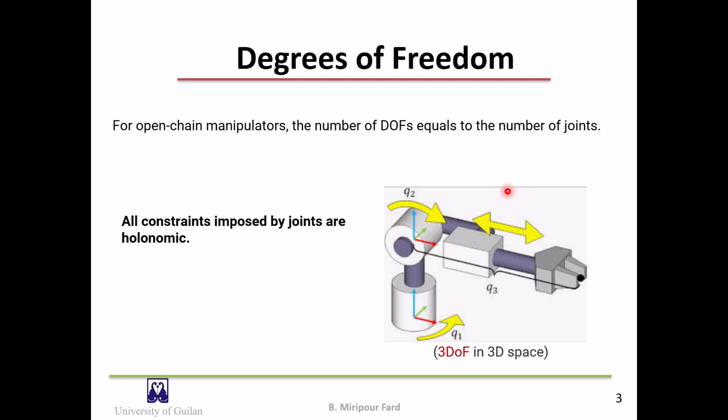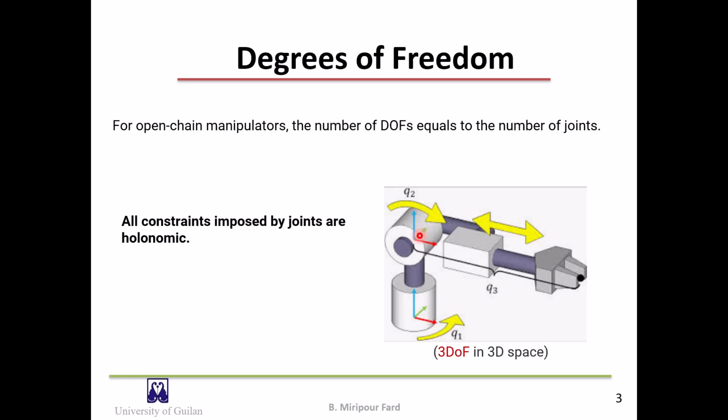The number of degrees of freedom of a mechanism is determined by the number and type of the joints and associated kinematic constraints. Robotic arms are usually made of revolute and prismatic joints that have 1 degree of freedom.